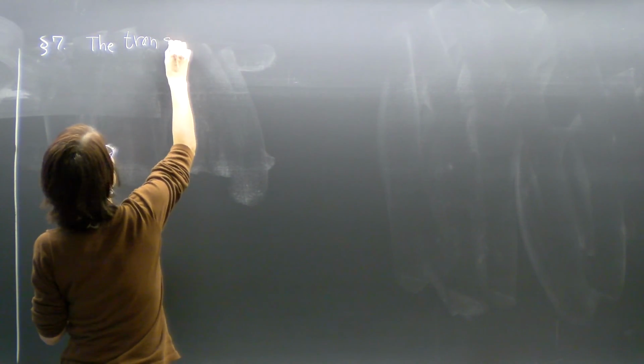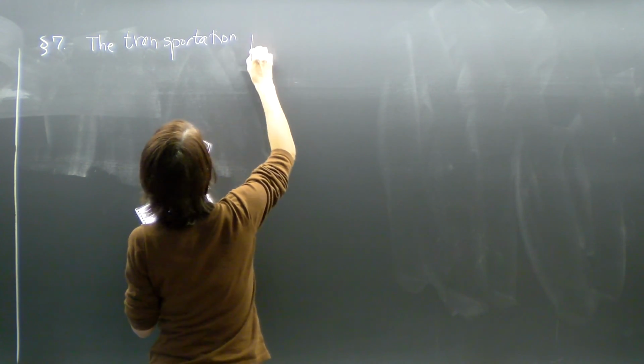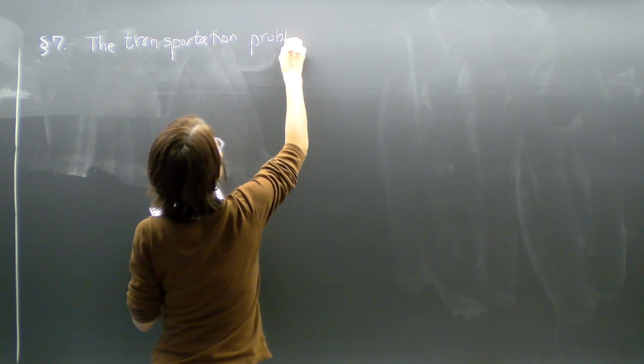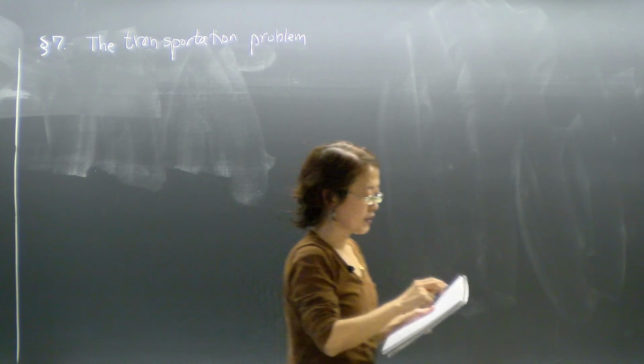revisiting a old problem, not old problem, transportation problem. It's one type of problem that we talked about when we were doing the modeling. The problem is you have a certain number of warehouses and you want to distribute the goods to certain retail stores, right?